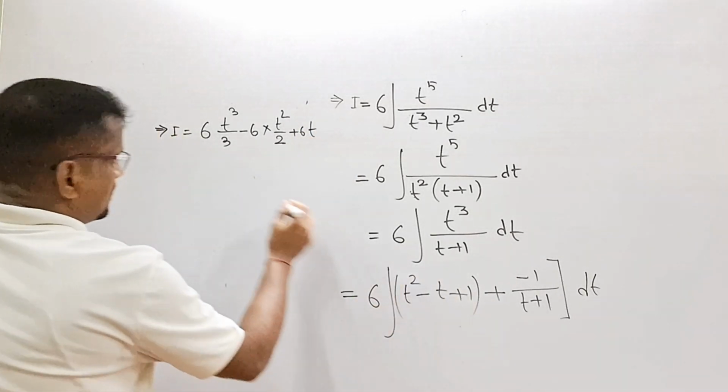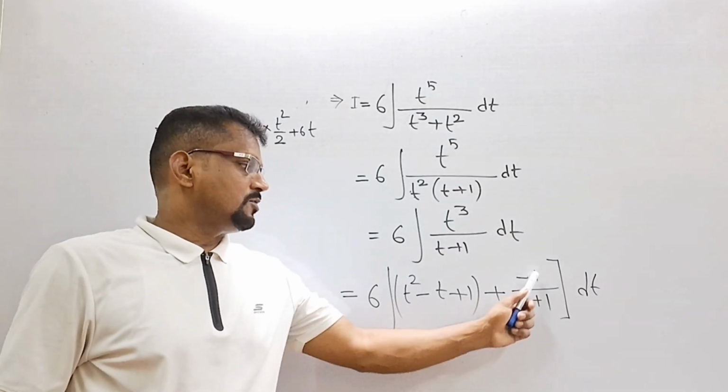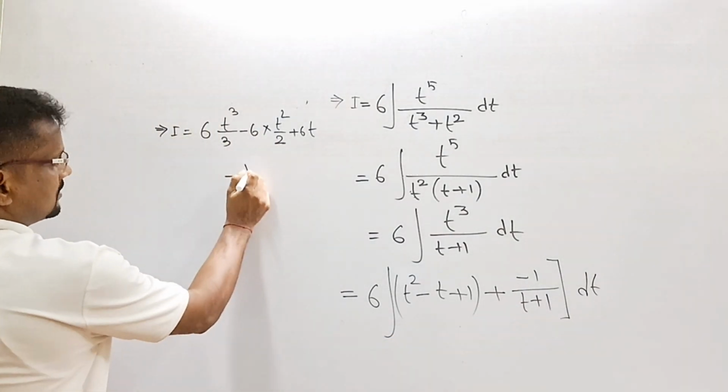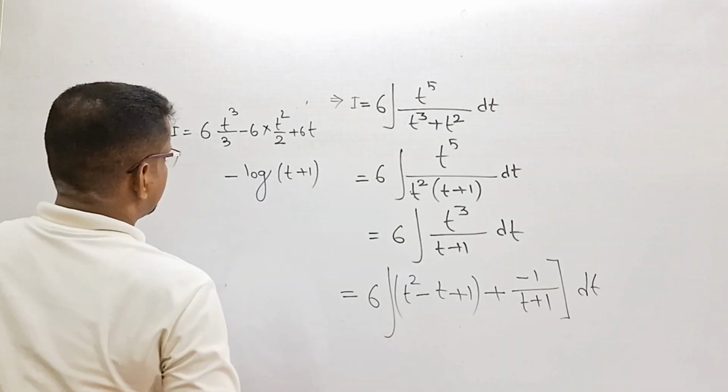Then here you see it is minus, let me write directly, integration of 1 by t plus 1 is log of t plus 1. So here it is minus log of t plus 1.